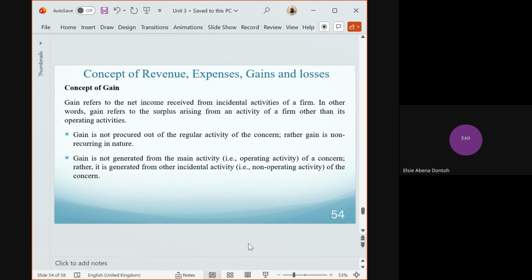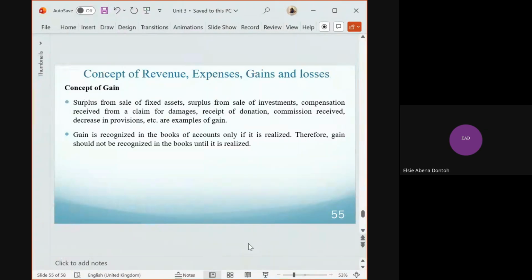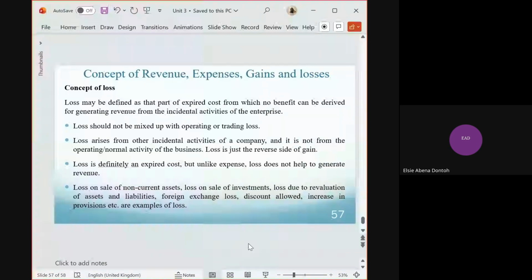In other words, gains refers to surplus arising from an activity of a firm other than its operating activities. Then, loss may be defined as the part of a spared cost from which no benefits can be derived from generating revenue from the incidental activities of the enterprise.